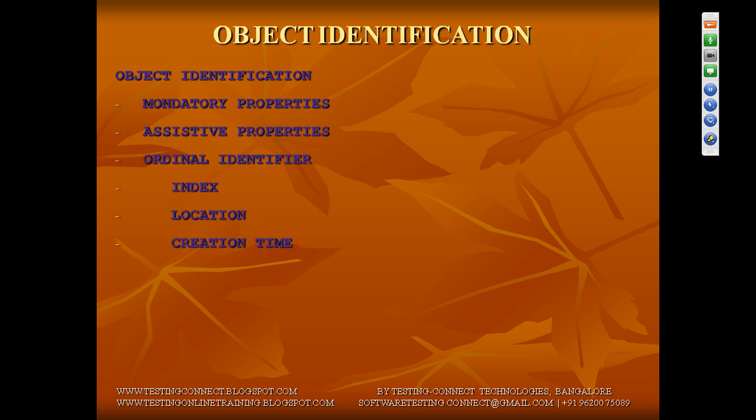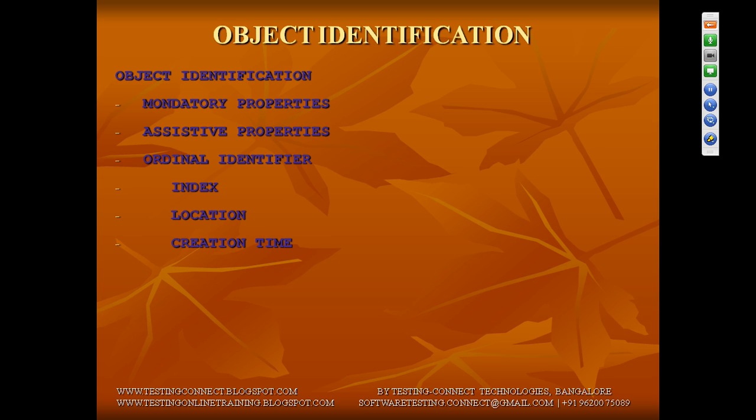And remember, there are so many automation tools available. Each and every automation tool follows a similar mechanism, only the terminology varies. If you go for WinRunner, they use base filter properties, optional properties, index and location.